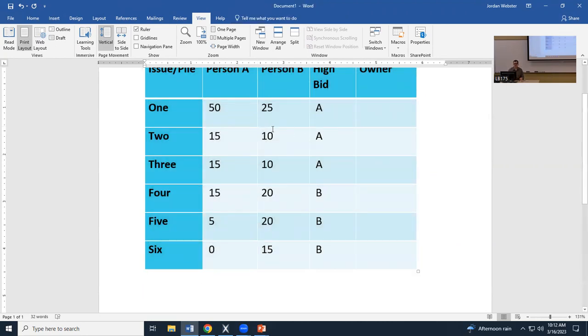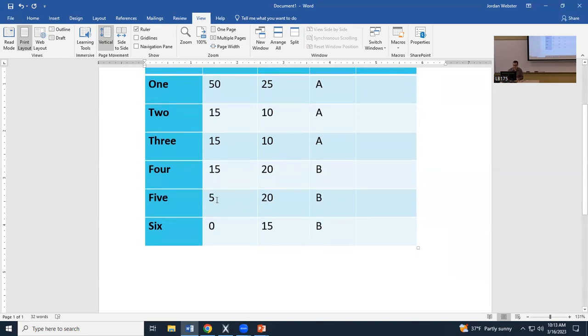All right, so after we've done this, we're going to count how many points A has spent on their winning items. So if we give these items to A, A has won 50 plus 15 plus 15. So A right now has won 80 points worth of items.